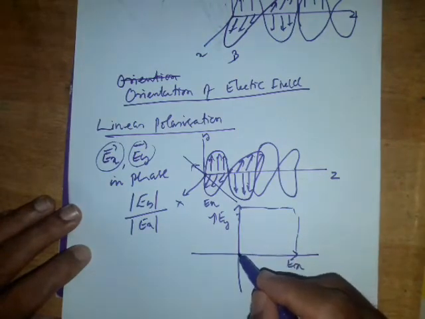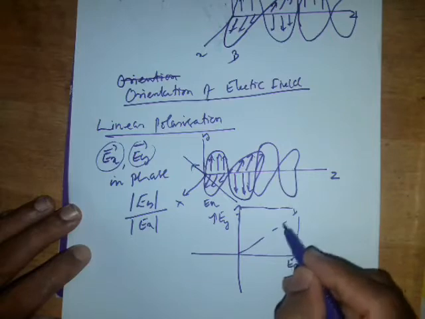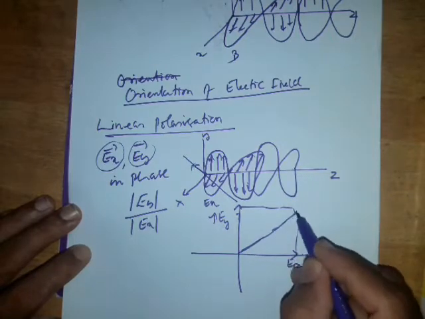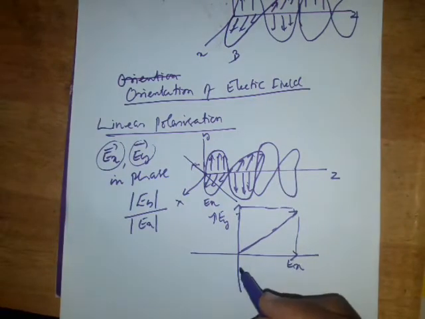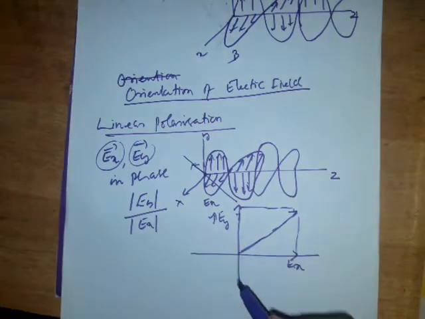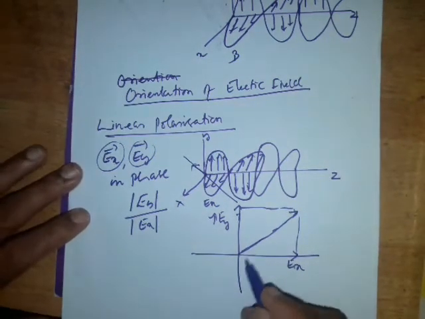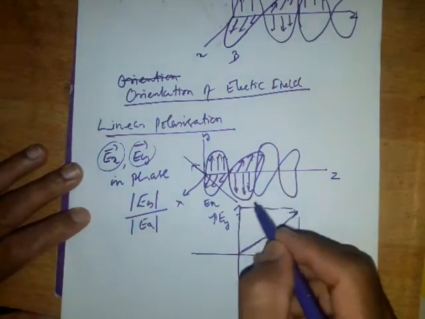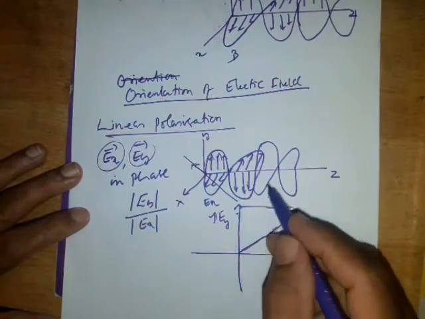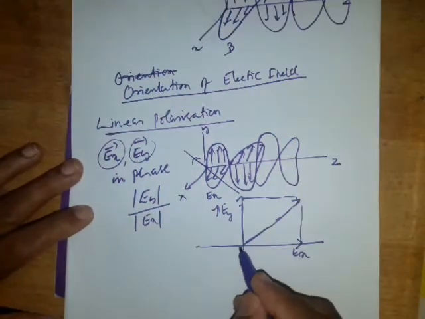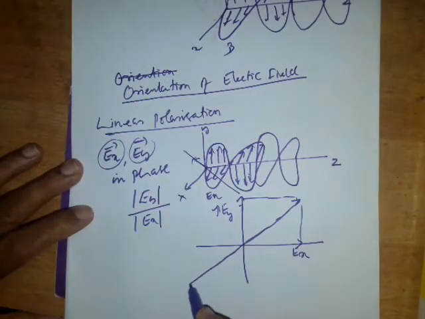Now the resultant along the positive axis will be like this, and the resultant when both are going in the downward directions will be like this.